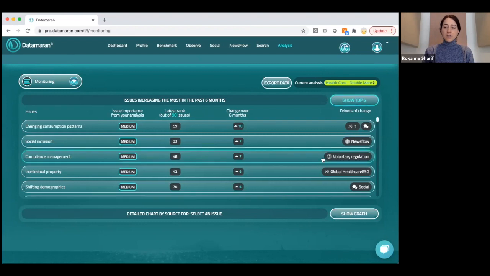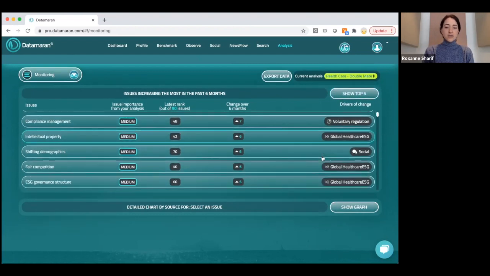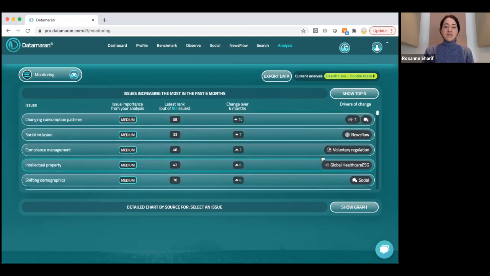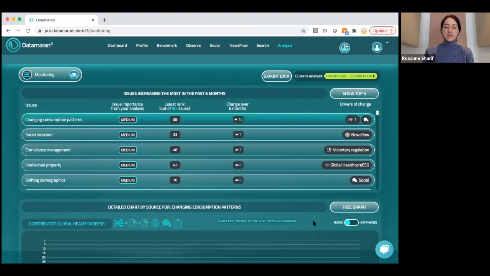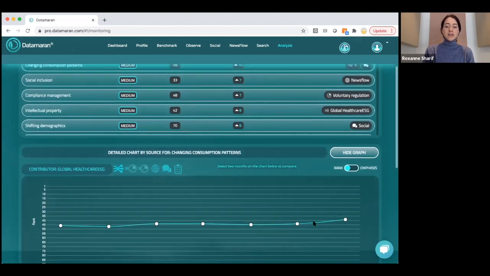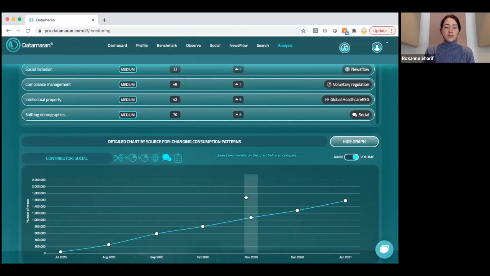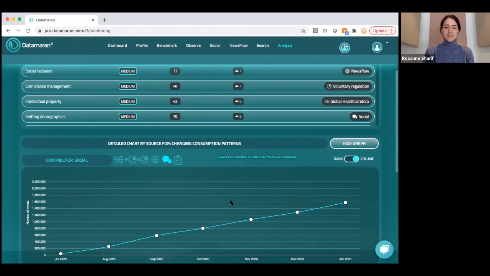I can, of course, look across all issues and what changes may have occurred to understand how they evolve. I can also click on the issue itself and look by source to understand how that issue has changed, either by rank or by volume, so the level of emphasis within the volume of that source.